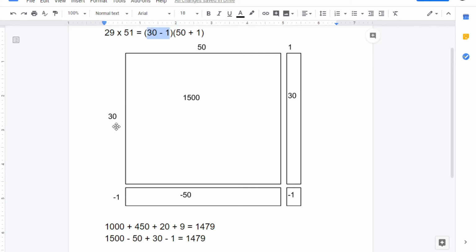So 30 minus 1, I can put 30 and then -1, and we'll still get the same answer. So 30 times 50 is 1500, which I also put here. Okay, I remember I saved this line from before. And we've got -1 times 50, which is -50. Right, there's your -50. We've got 1 times 30, which is 30. And then 1 times -1, which is just -1.